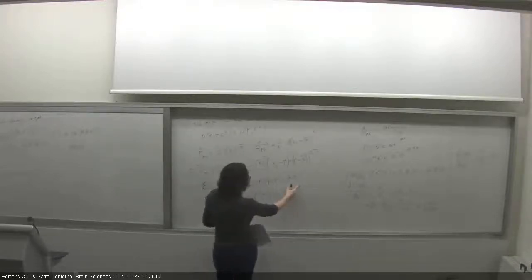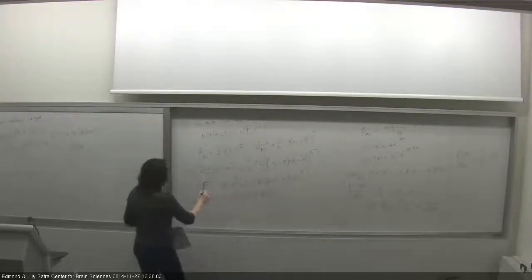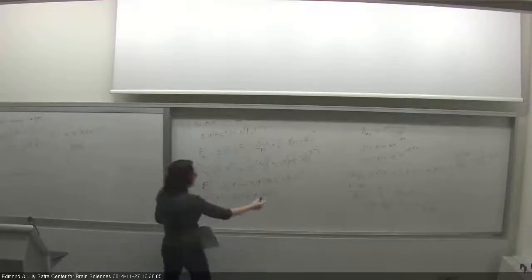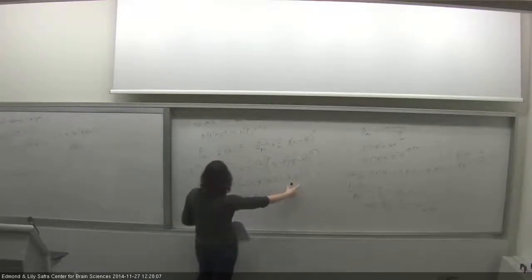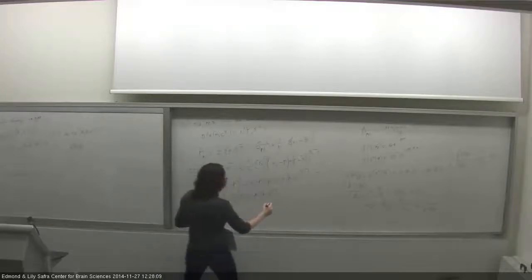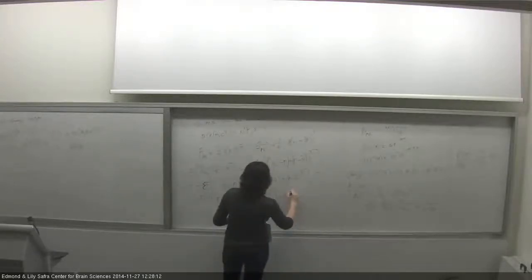Plus, note that this is constant with respect to i, so we get n times the expected value of this, divided by n. So we get just plus the expected value of (mu minus x bar) squared.